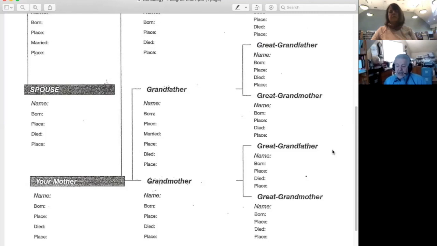And so you can guess, if you're doing the math, that you're going to end up with 16 great great grandparents. And so you're going to run out of space fairly quickly. And therefore, that's the time when you perhaps will want to have a very large piece of paper. They do make them, and they can be rolled up, or you can make your own and put it together.